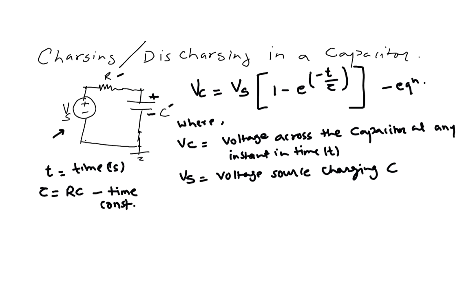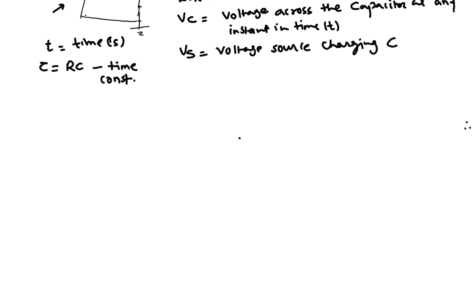So if we are asked to plot a graph of this equation, how will we do so? Let me do that for you. On the y-axis, you will have the percentage charge of the capacitor, that is, how much the capacitor is charged with respect to the number of time constants, tau.